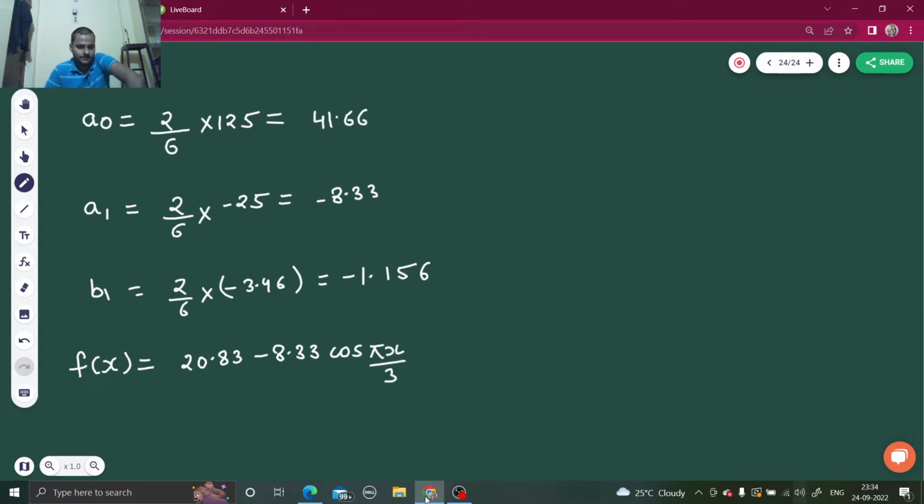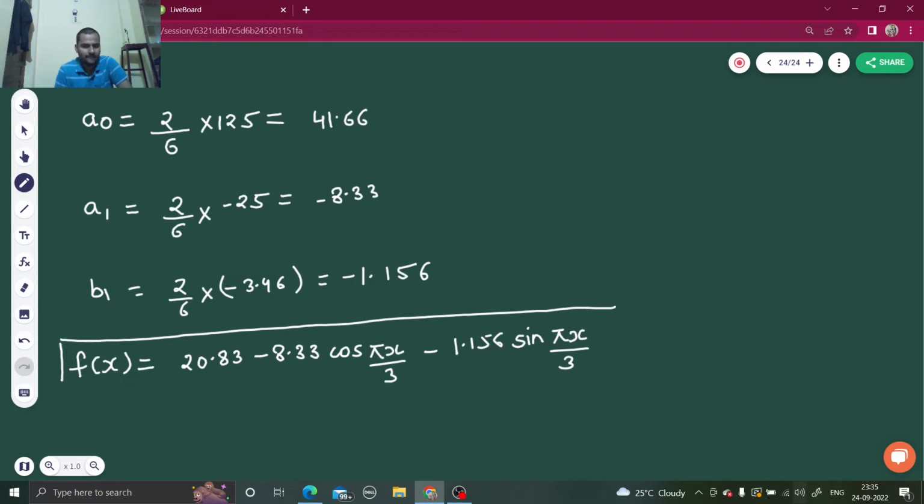Then the sine term, which is also negative, so minus 1.156 sine, again the angle was pi x by 3. That's it. They had asked up till the first harmonic only, so a1 and b1 terms will only be there.